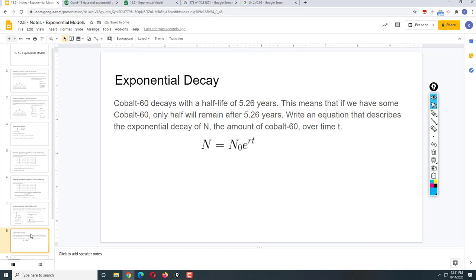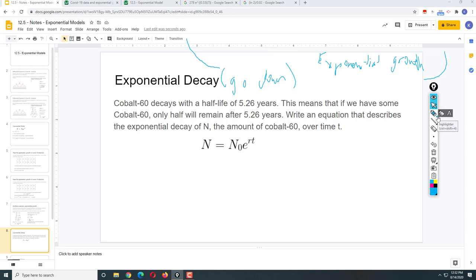Final example, exponential decay. Decay means to go down. So exponential growth looks like what we've seen earlier. It looks like this. Exponential decay actually looks like this. It goes down quickly and then slower and slower.